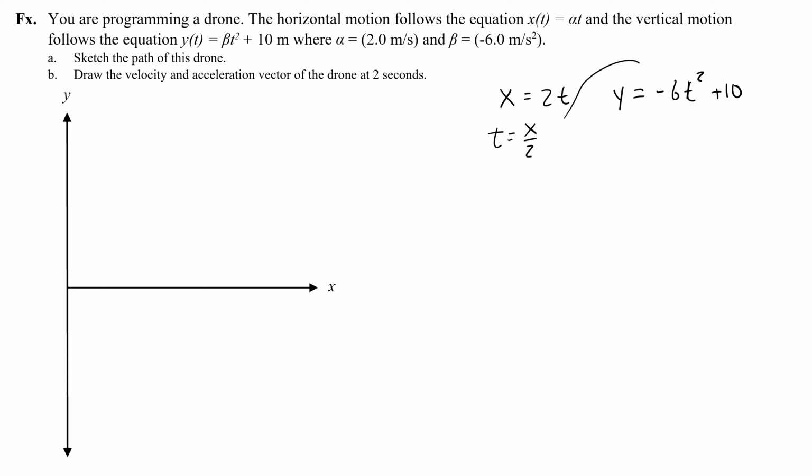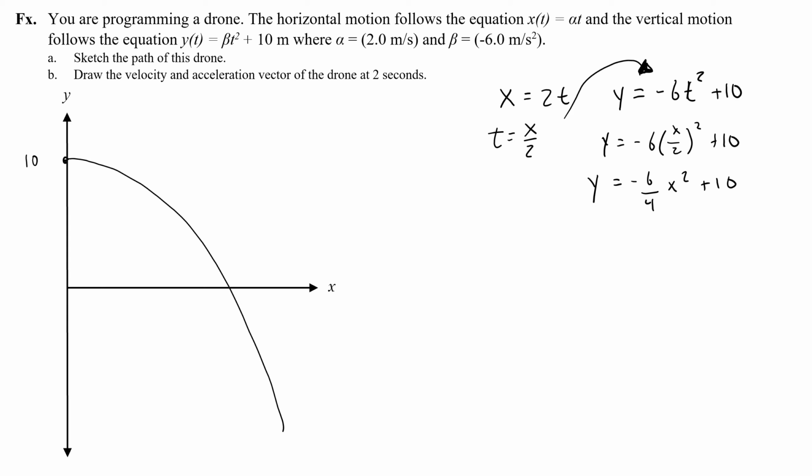Then we would plug that into our y equation, which would give us y equals negative 6 times x over 2, the whole thing squared, plus 10, which is negative 6 over 4 x squared plus 10. So now I have a graphable equation, which I know is going to start at some position 10, and then have a frowny face kind of going down like this.